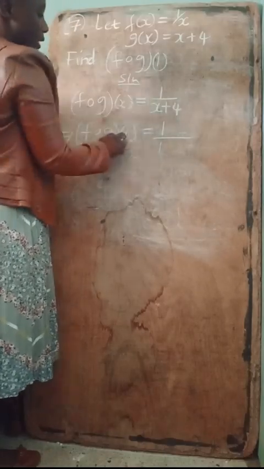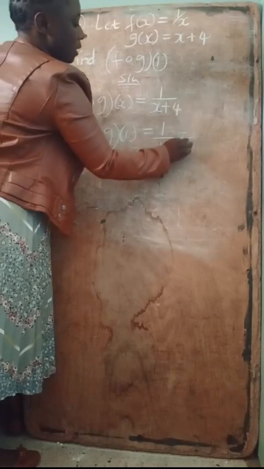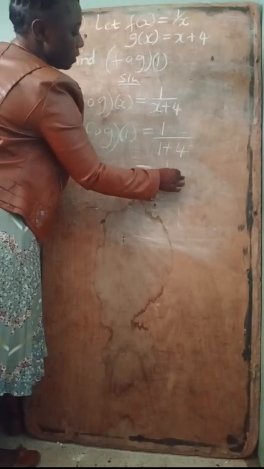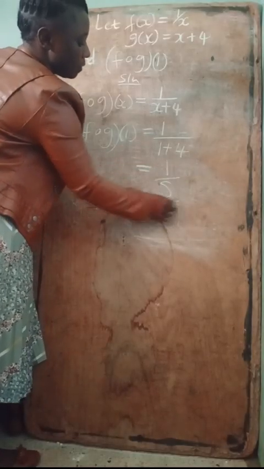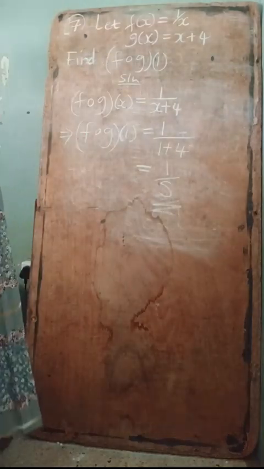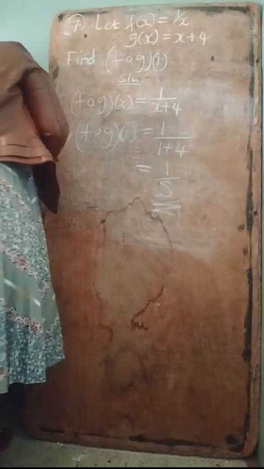We are replacing x with 1 this time around. So finally we have 1 over 5. So this is how we solve this question. Very simple and straightforward. Okay, we move on.